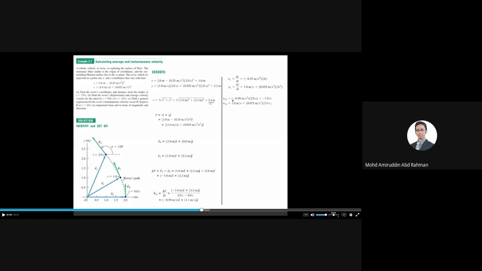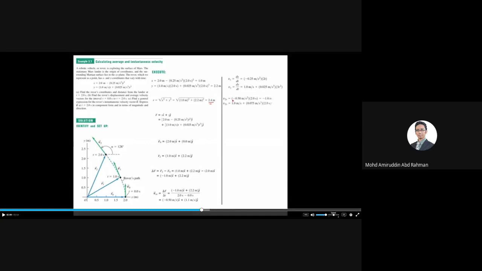From the equation, you obtain that. So basically you reverse that. You differentiate that, so you get dx over dt. So you look at x equals 2 minus 0.25 t squared. When you differentiate that, the 2 term will be 0. So you still retain minus 0.25 times 2t. So that is how you obtain Vx.